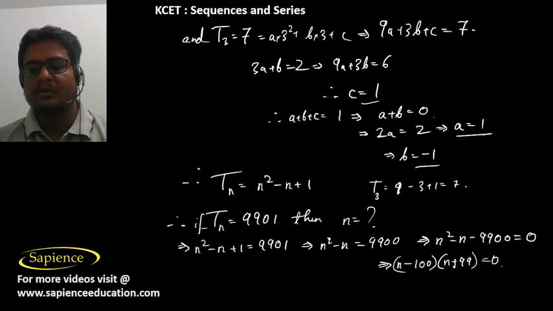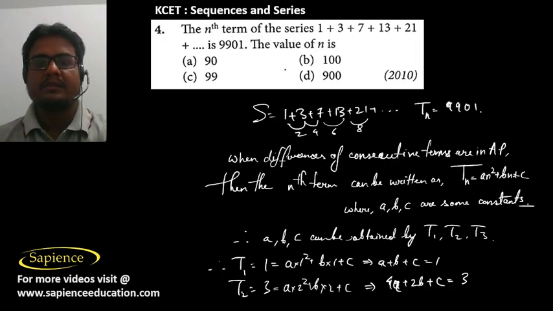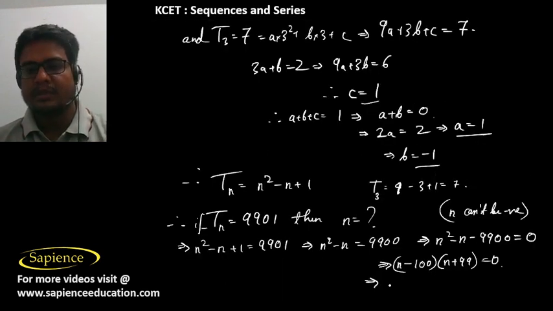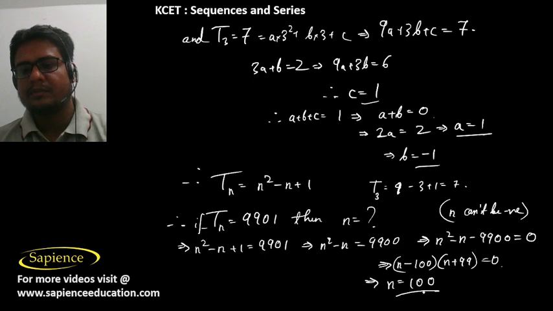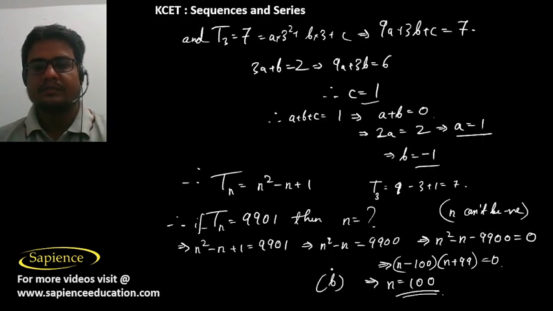So n can't be negative, since n is the number of the term in the series, so it cannot be negative. So therefore n should be equal to 100. So option B is the correct answer.